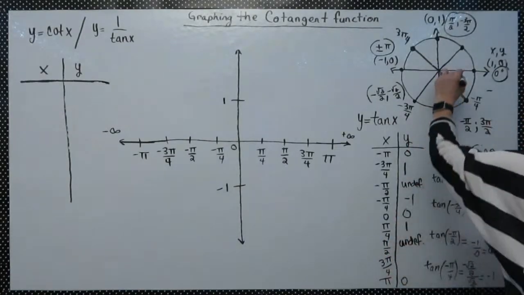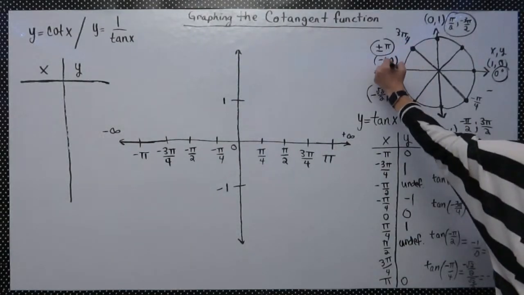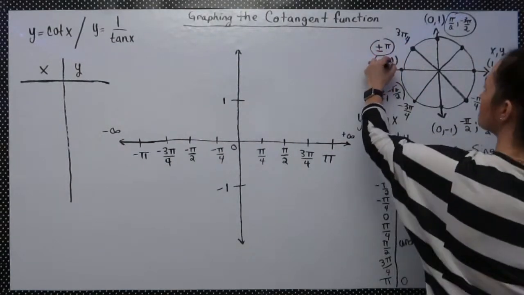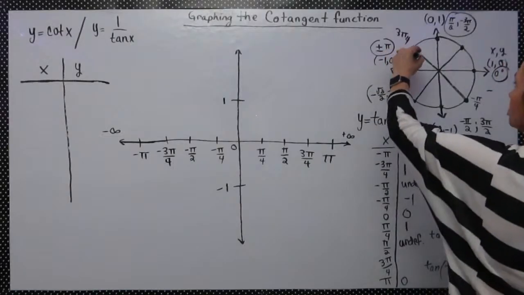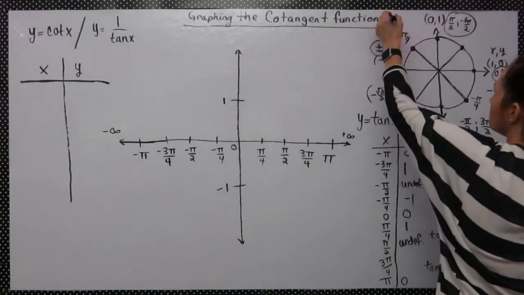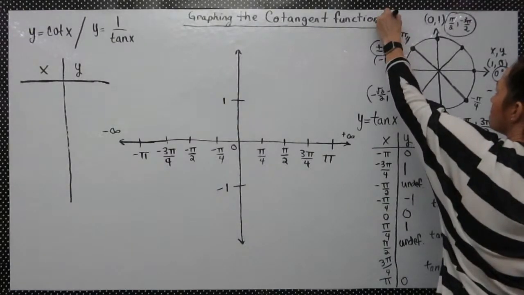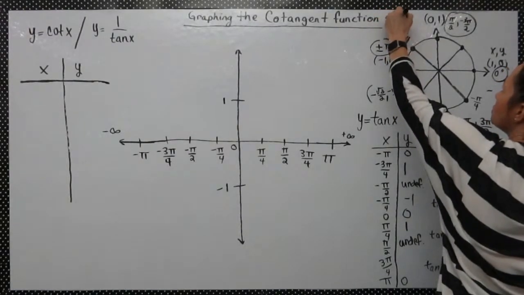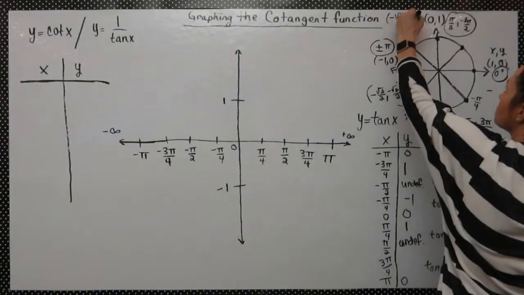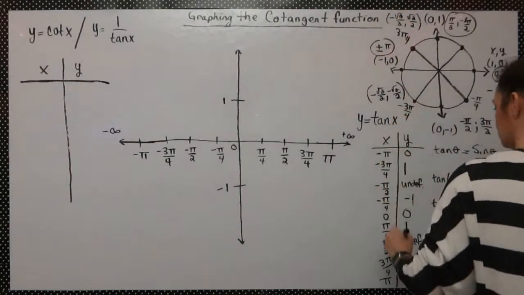And then 3 pi over 4 is going to be, hang on. So that's going to be negative 1 because cosine is negative. Negative radical 2 over 2, comma, positive radical 2 over 2. So that's going to be negative 1.